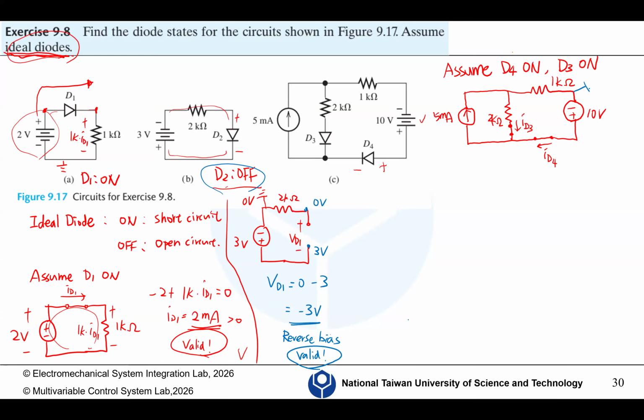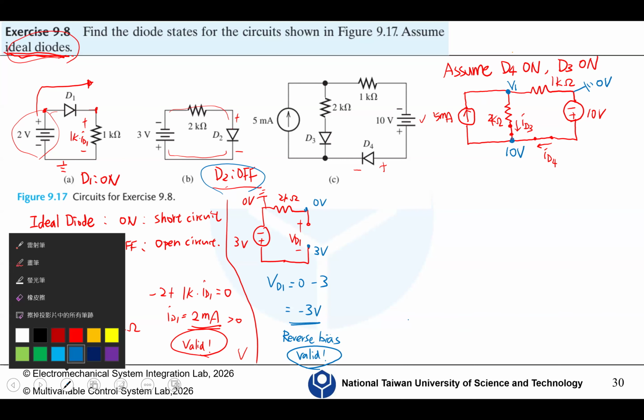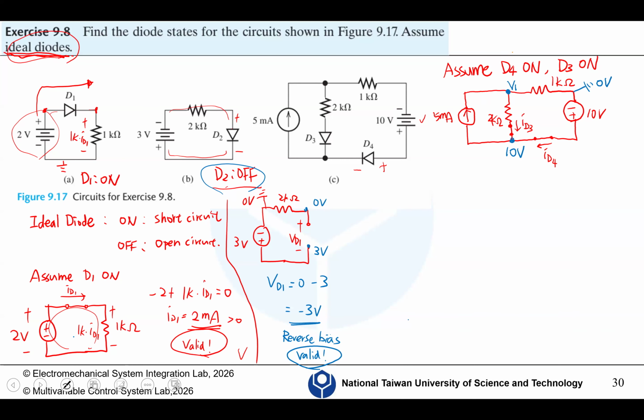So we make this ground, 0 volts. And here we don't know, so we say it's V1. And here we know it's 10 volts. You should have learned this in electrical engineering. It's called nodal voltage analysis, and we use this example as a review. If you did not learn well in the previous class, you may have some difficulties analyzing this.